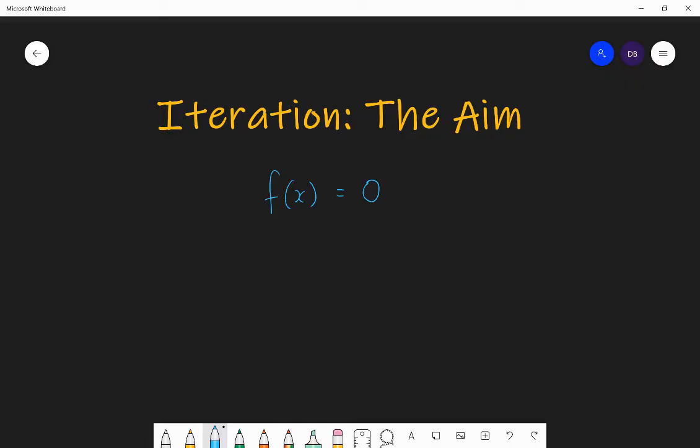The first step is to rearrange this equation until it's in the following form. x is equal to some different function of x. So what you want to do is make x the subject and also x being part of the object.